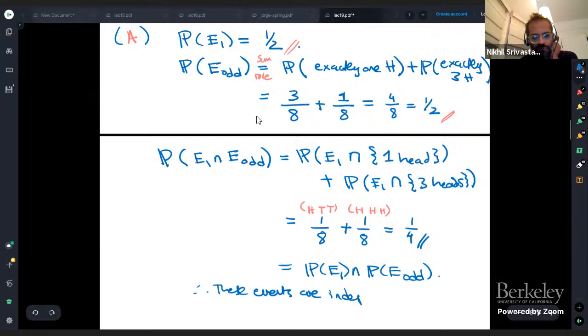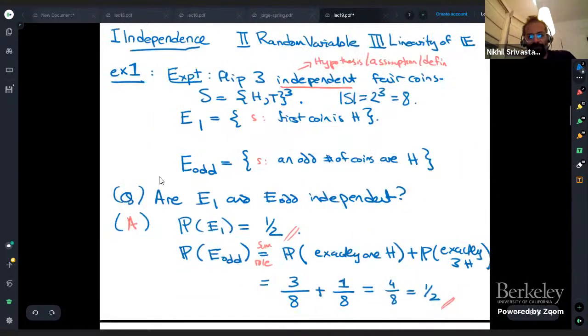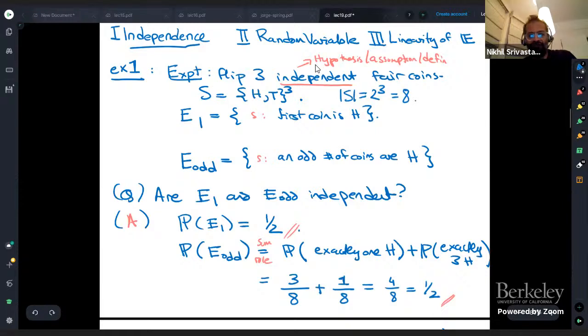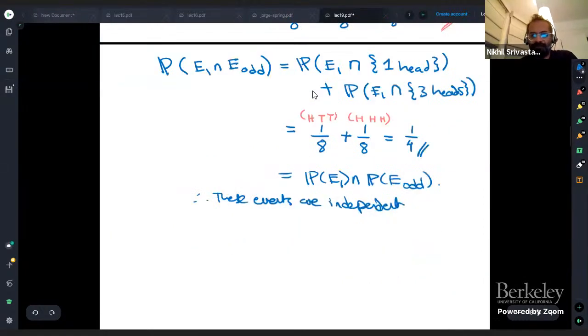Okay, so for independence, the same definition was used, but it appeared in two different ways. Initially, it was used as an assumption to define the experiment. It's a rule specifying what the probability of the outcomes is. It's a product of the probabilities for each coin. And here, again, it appears, but here it appears as a conclusion.